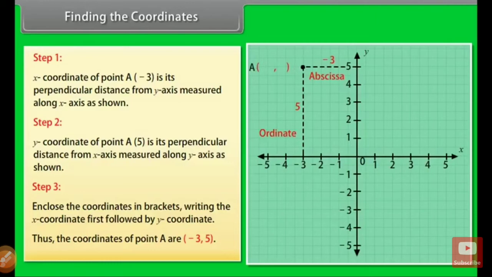And step 2, the y coordinate of the point A is 5. It is its perpendicular distance from the x-axis measured along the y-axis as shown. It means the abscissa will be -3 and the ordinate will be 5. So your coordinate will be (-3, 5).